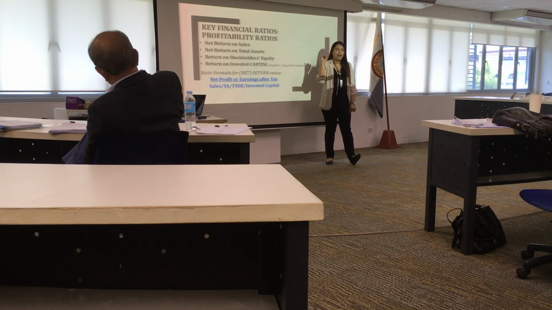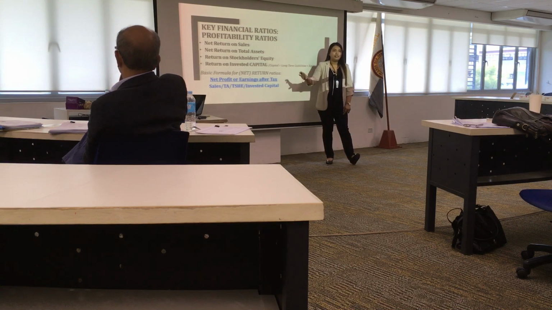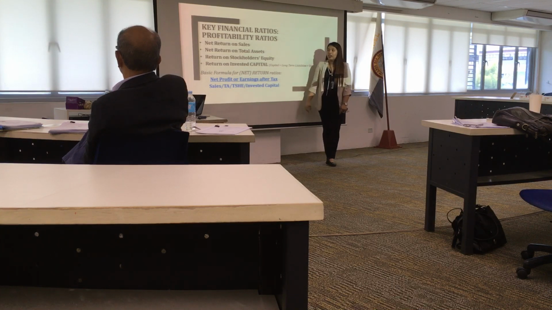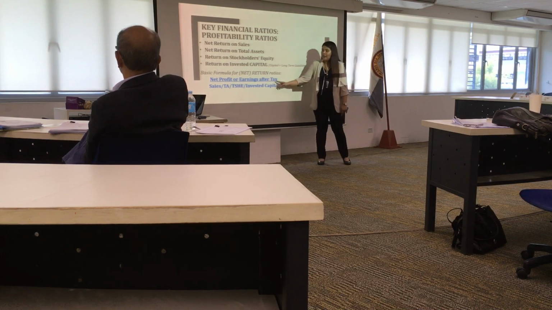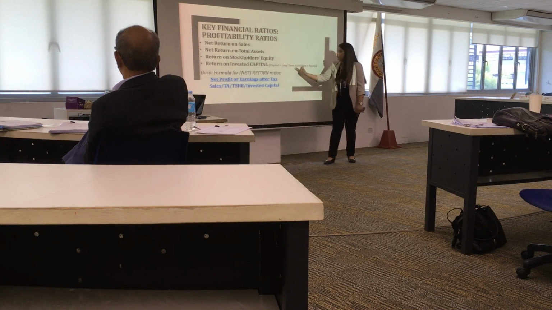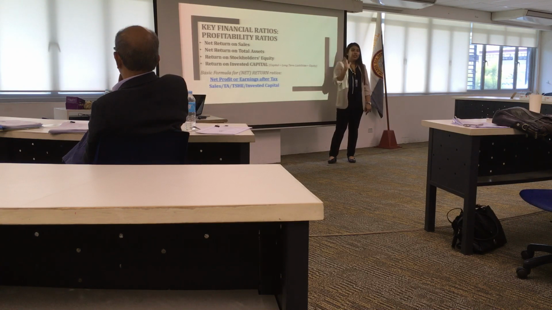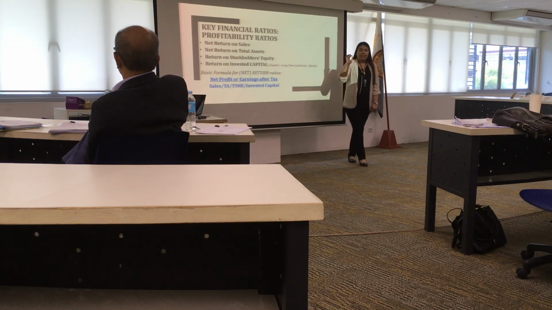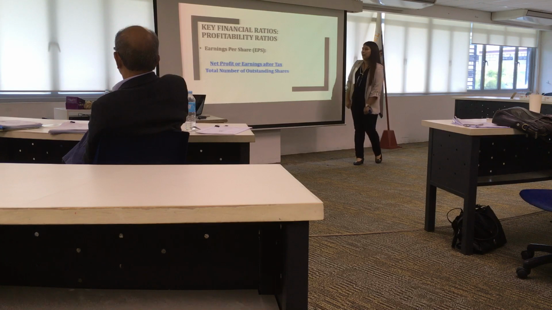It can be gross profit, operating profit, or net profit. For the return ratio, it pertains to the net income, so it is the percentage of net income over the sales, the total assets, the total equity, or the total of the long-term liabilities and equity. Question before we proceed? Next, please.